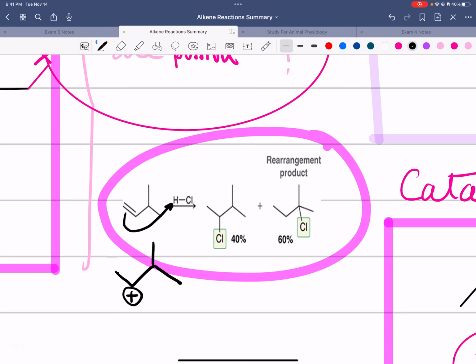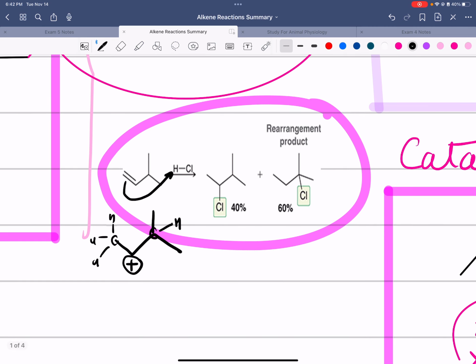Then we have to look at the carbons around it. In here we have a hydrogen, hydrogen, hydrogen, and in here we have a hydrogen and then methyl groups as well. If we move our positive charge to the left, technically it wouldn't be more stable because we would be making our secondary carbocation primary, but we want it to be more stable, so we need it to be either tertiary or resonance stabilized.